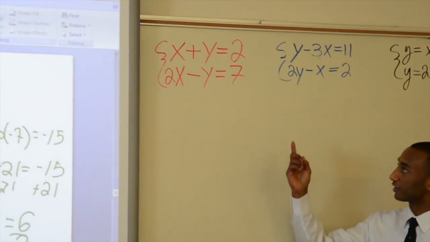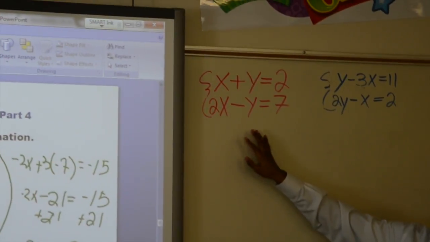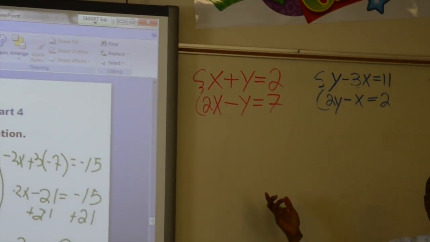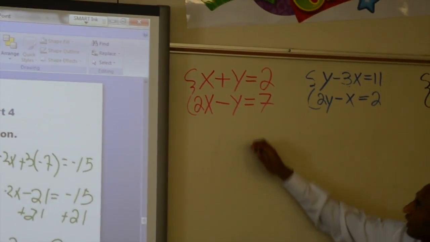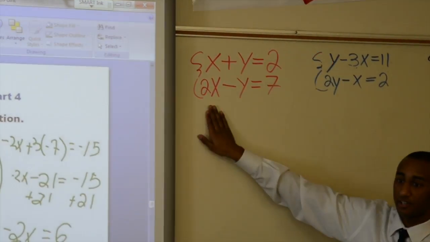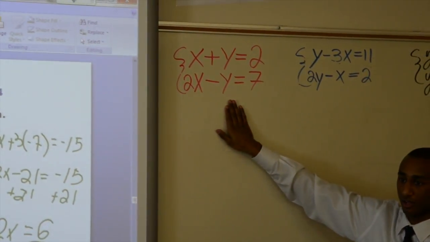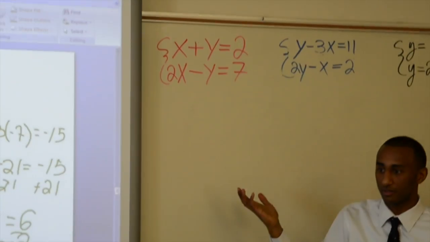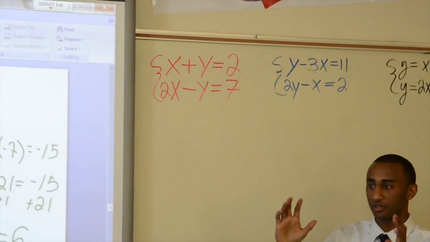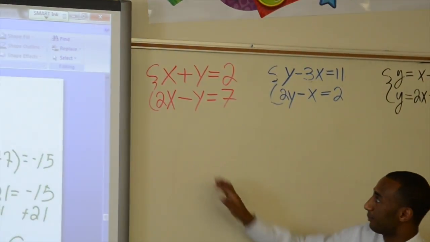Blake, did you hear what she just said? She said this would be very easy to do by the method of elimination because, as you can see, the x columns are lined up, the y columns are lined up, and the values are lined up. That's usually how elimination systems are set up.